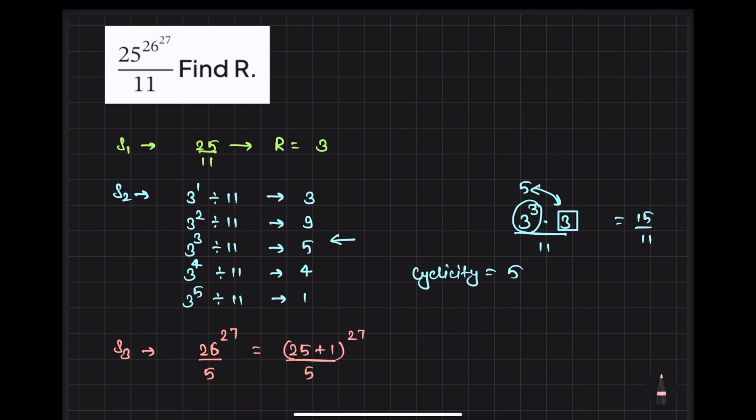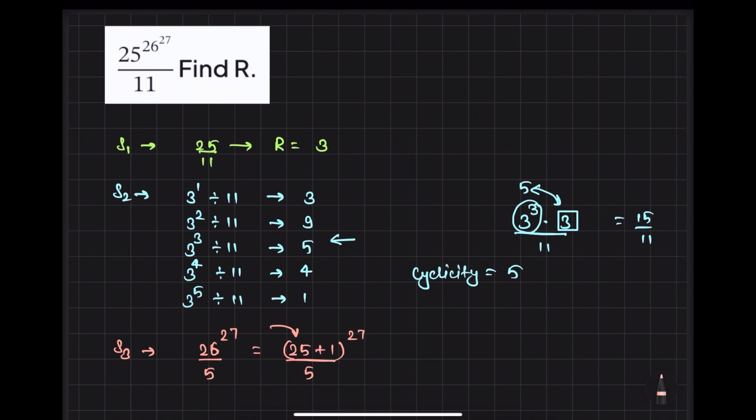Now if we apply the binomial concept, you know that the elements in which we have 25 will be divisible by 5, and we have only the last term in which 25 is not there.